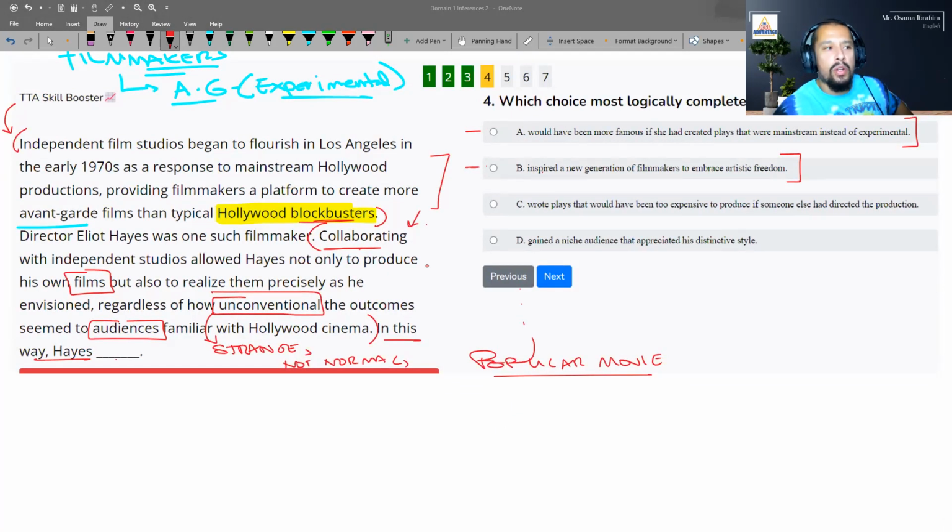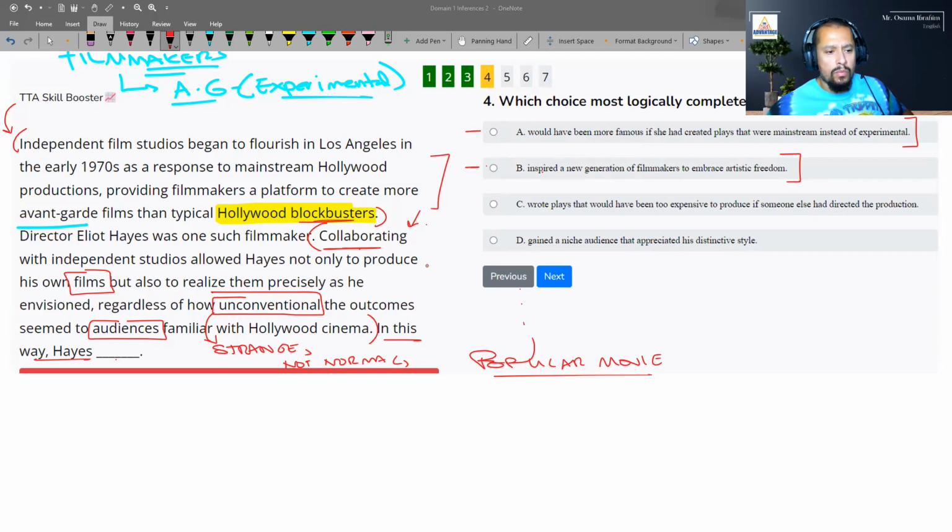Because I want to ask Omar also. You told me answer B as well, correct? Yeah, I told you answer B. Why is the answer B? What support do you have that he inspired new generations of filmmakers? I mean, like he said, the outcomes seemed familiar to the audience with Hollywood cinema.